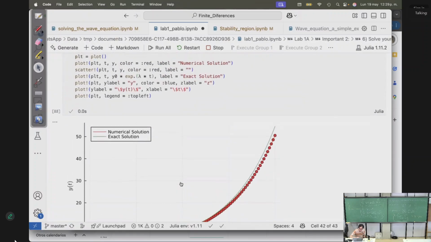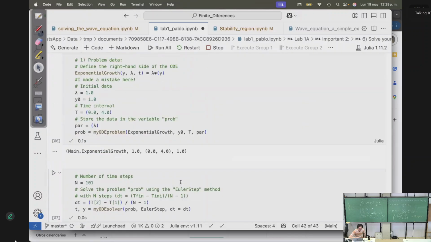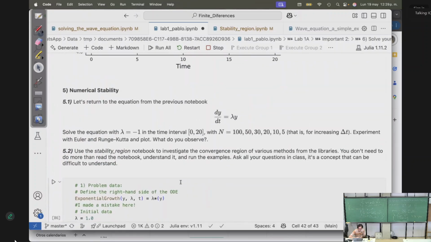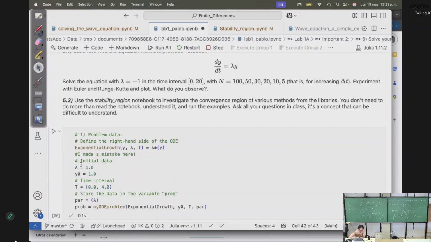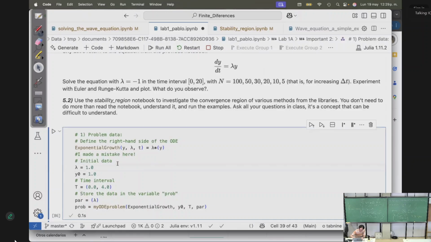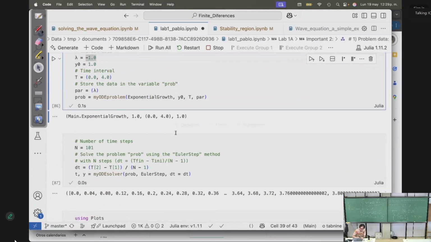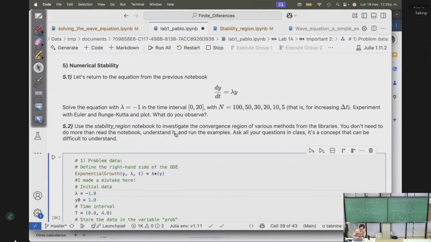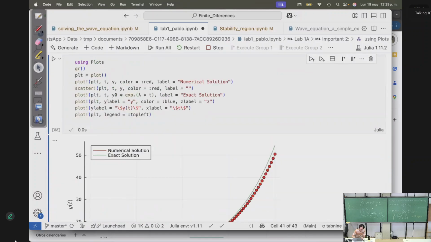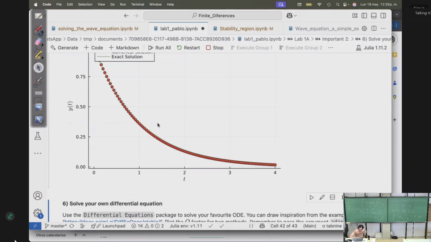Okay, so here we had our little problem. Let's try lambda equals -1 now. So this is a decay, and let's try n equals 101, and we see that we have our decay, right?